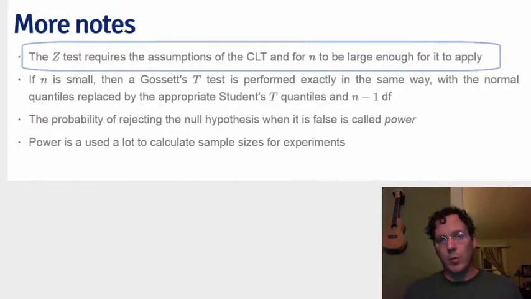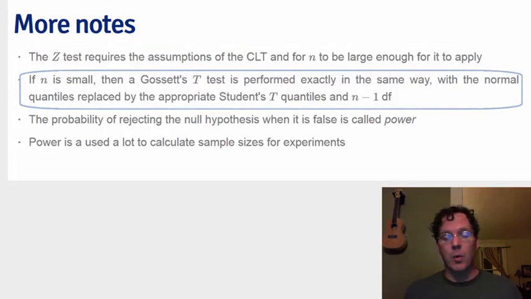A couple of more notes. So remember that the z-test requires the assumptions of the central limit theorem and for n to be large enough for it to apply. But if n is small, as we mentioned earlier, we're just going to replace the z quantiles by the t quantiles, just performing the procedure in the same way. We're going to use n minus 1 degrees of freedom. And I would add the z-test and the t-test come up not just in these one sample mean tests.